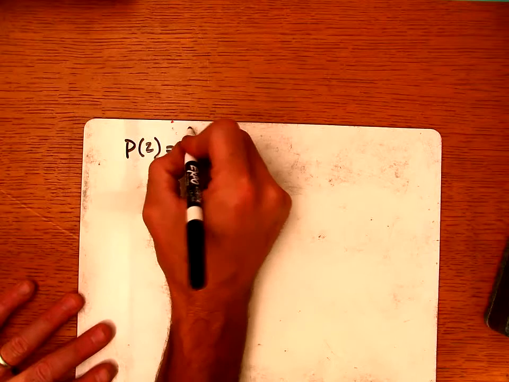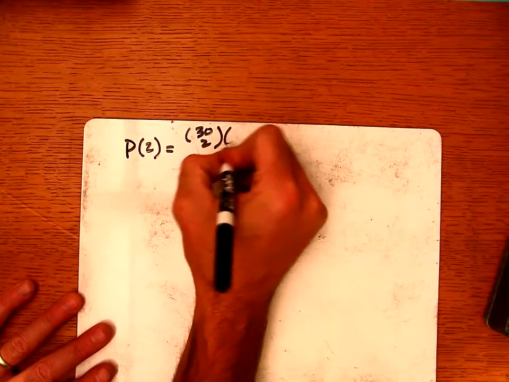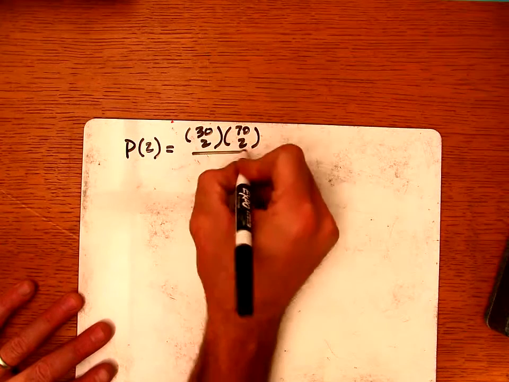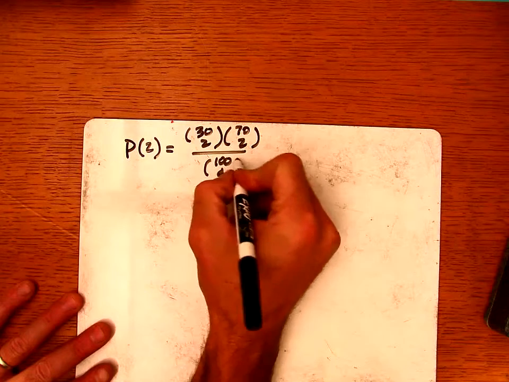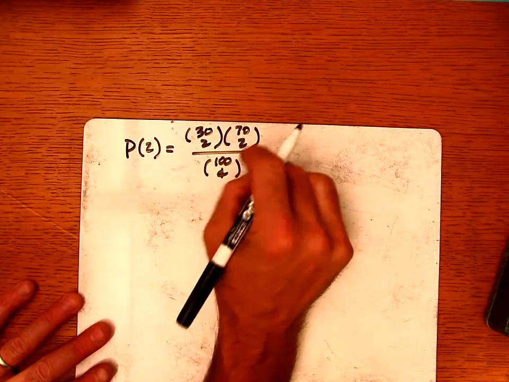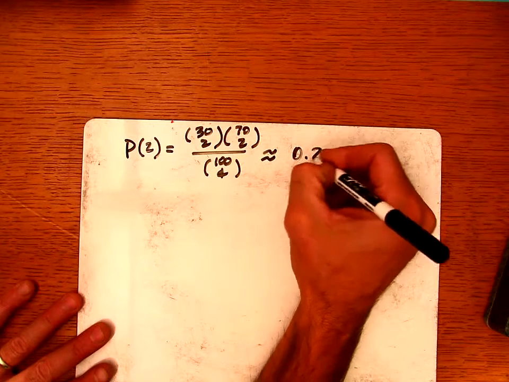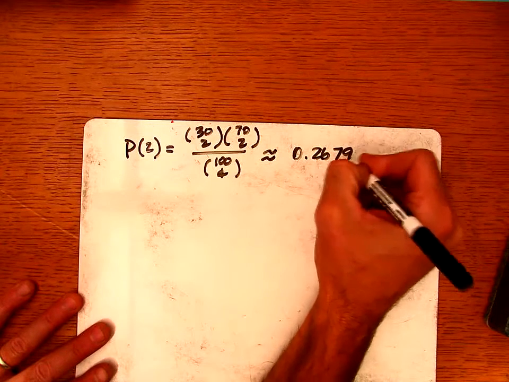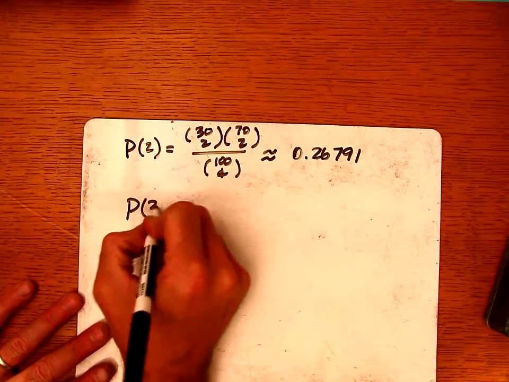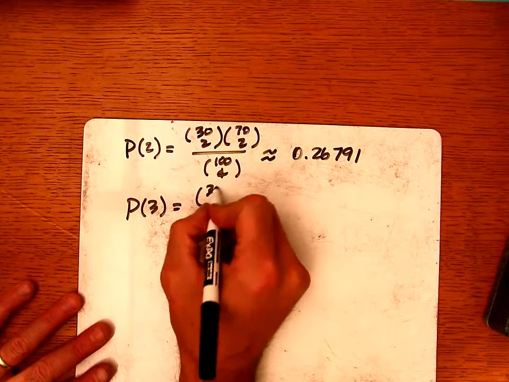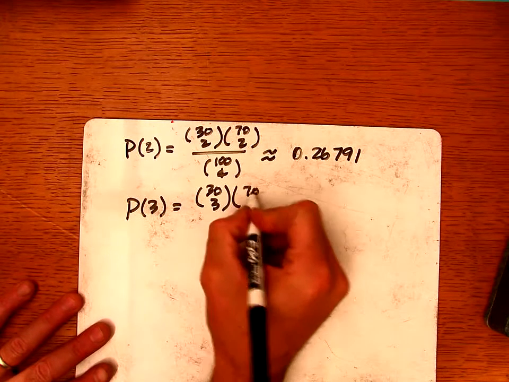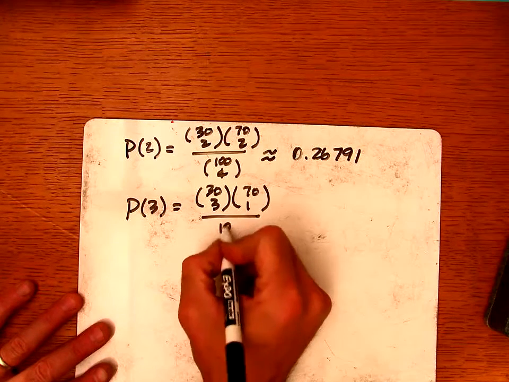That would be 30 choose 2, 70 choose 2, over 100 choose 4. That's about 0.2671. Or the probability we get 3 in our sample: 30 choose 3, 70 choose 1, over 100 choose 4.